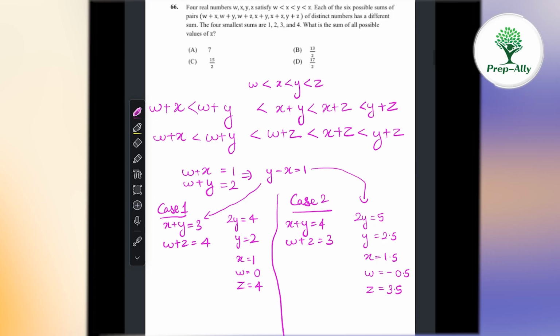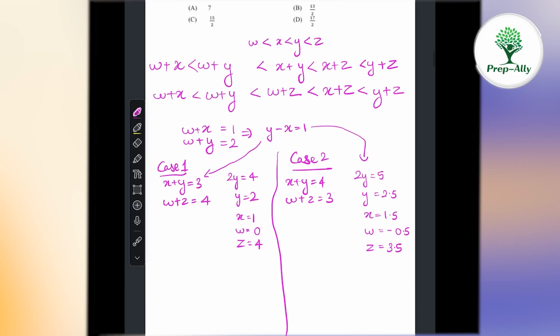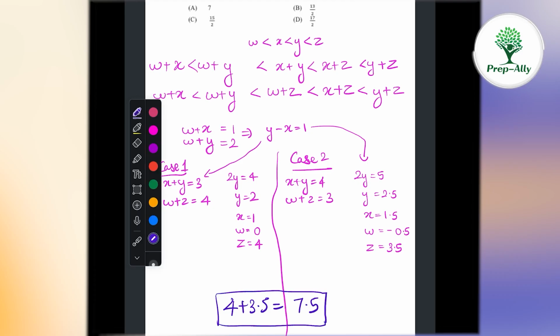So what do we have here? We have two possible values of Z, and the sum of both the values is 4 plus 3.5, which equals 7.5. So that's option C, 15/2.